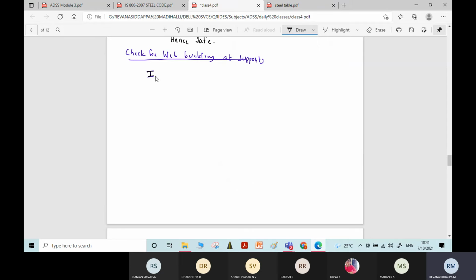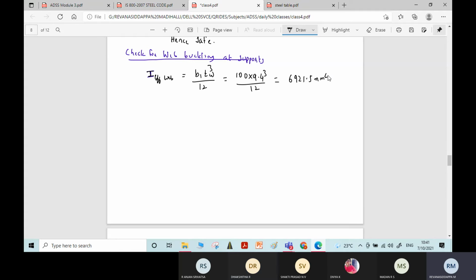I effective is equal to B1 into tw cube divided by 12. B1 bearing we have assumed as 100. This is also similar to the previous problems of module 1. Same procedure. 100 into 9.4 cube divided by 12. Thickness of web is 9.4. 6921.53 mm4.